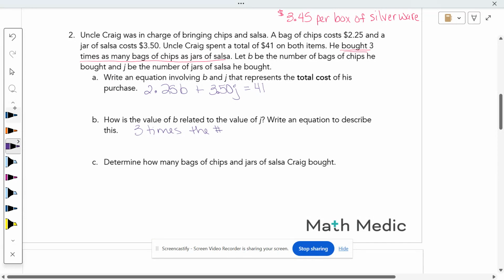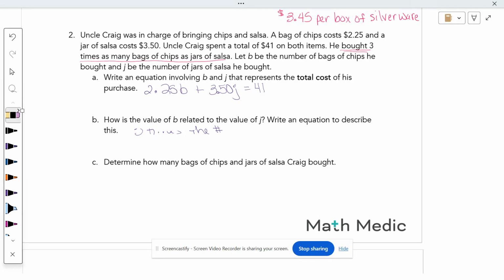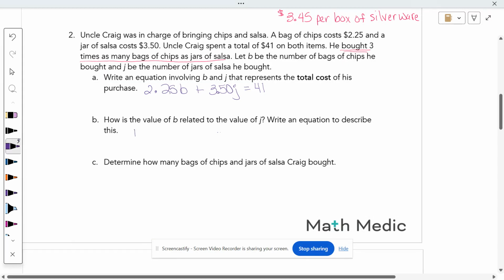Let me see. This is how I want to write this. I'm going to erase that. Sorry, guys. So the number of bags of chips is 3 times the number of jars of salsa.